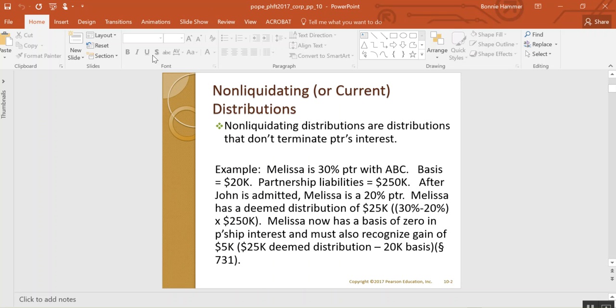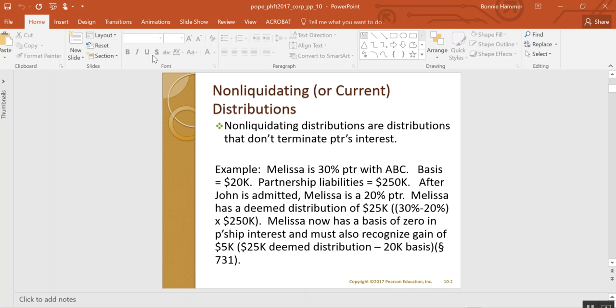So if basis and the capital account of Melissa are equal, then her basis would be 0 after dilution of her interest, because $20,000 old basis minus a $25,000 decrease equals -5, but you're not allowed to go negative, so her basis is 0.